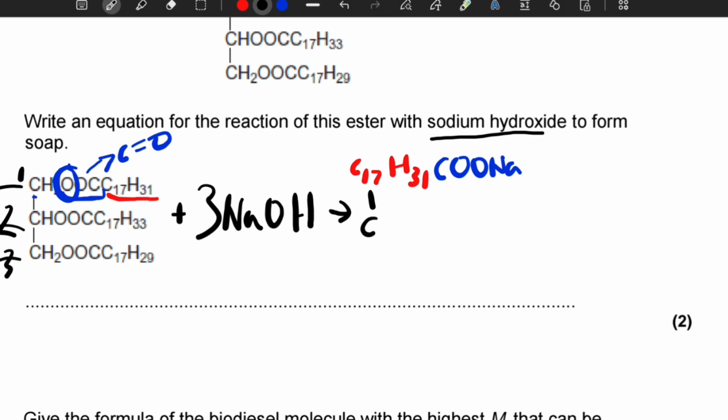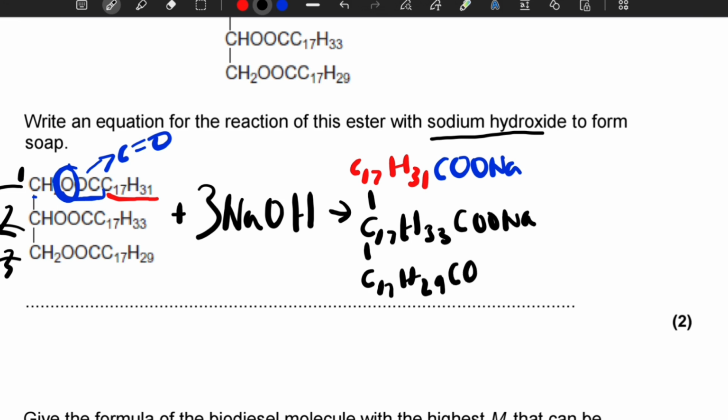Then we carry on doing the same: COONa, H29, COONa. And remember guys, how is soap formed?